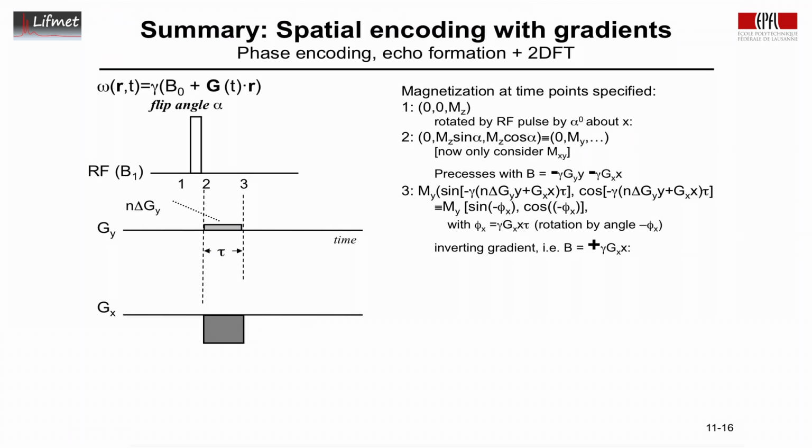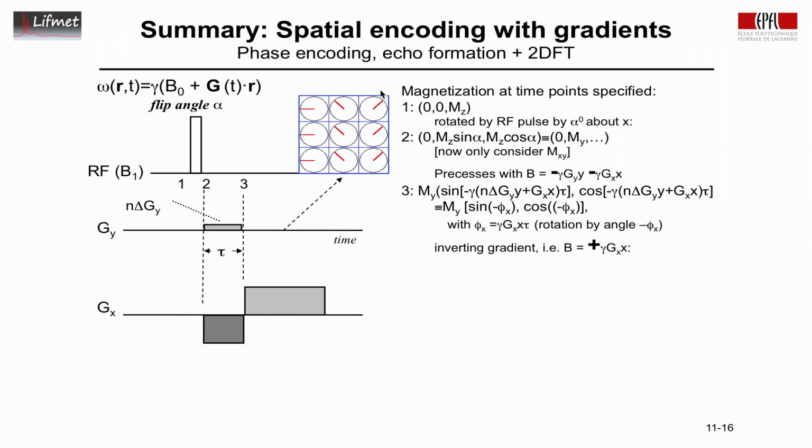So now we will have to invert the gradient. So now the B field becomes plus gamma Gx x. During this time we have the precession according to the position in our area, and so we will have a rotation of the magnetization along x by an angle plus phi x.